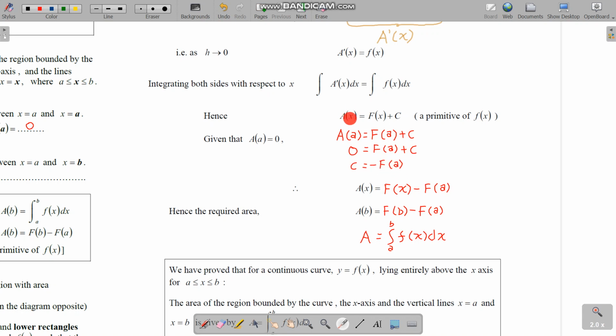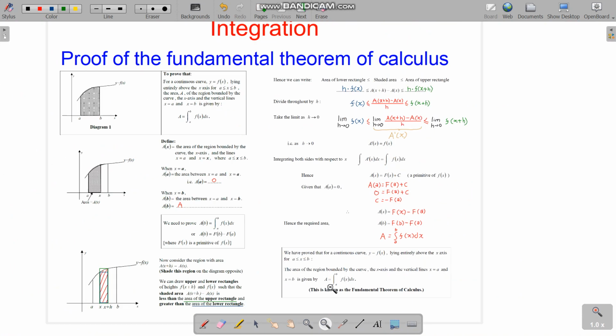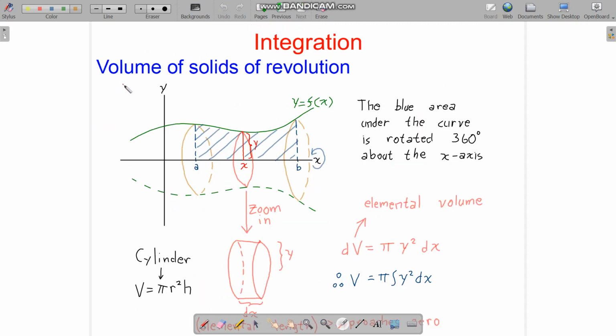So A of x is therefore F of x minus F of a, and if we find the area we want from the beginning, A of b, we plug in b and get F of b minus F of a, which is what we needed to prove. So therefore the area we want to find is the integral from a to b of f of x dx.